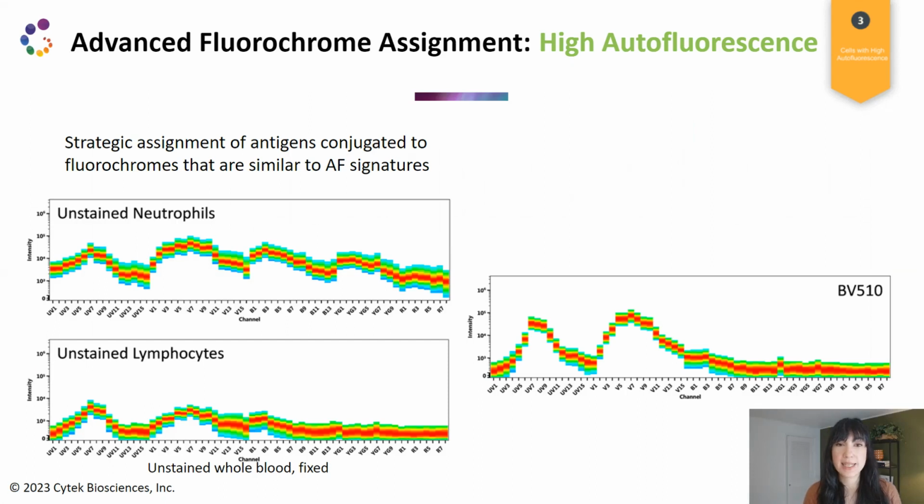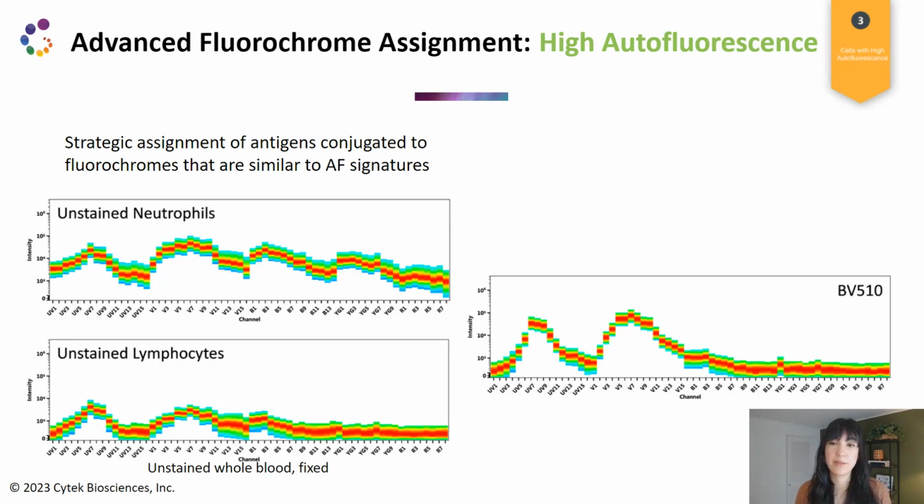But before we get to that step, I do want to go through our last scenario, which is strategies if you have highly autofluorescent cells. I called out earlier that BV510 was a fluorochrome that oftentimes is difficult to use when you have high autofluorescence.